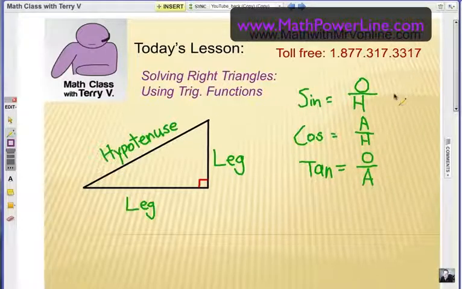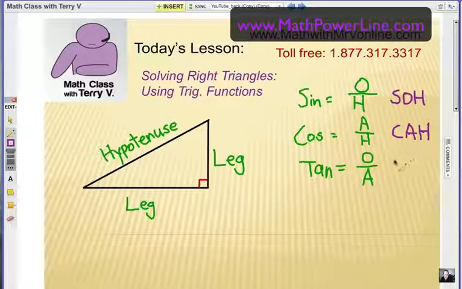So this is something you have to memorize. These are definitions of how two sides of a triangle relate to each other in a right triangle. In some textbooks or classrooms, they have this mnemonic, this memory device: SOH CAH TOA. If you say it really fast, it sounds like soaking toes.